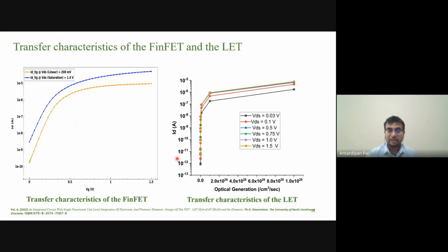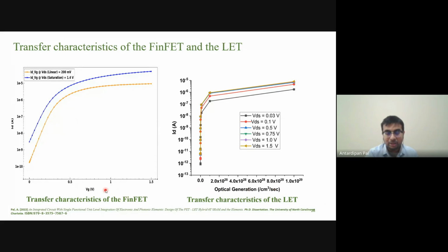The only difference is that this is a voltage control device, therefore we have a gate voltage here and drain current here. This is a light control or optically controlled device. Therefore, we don't have a gate voltage. We don't have a gate actually, right? What we have is the optical generation or optical power that acts as the gate knob, the optical gating.